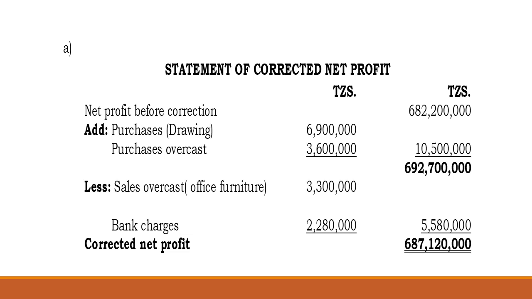Again, we deduct the sales, as you know the sales that they used to calculate the previous profit contain a sale of office furniture. So we have to deduct that sales that contain office furniture, and the bank charge was omitted, not included in the calculation of profit, so we have to deduct the bank charge.